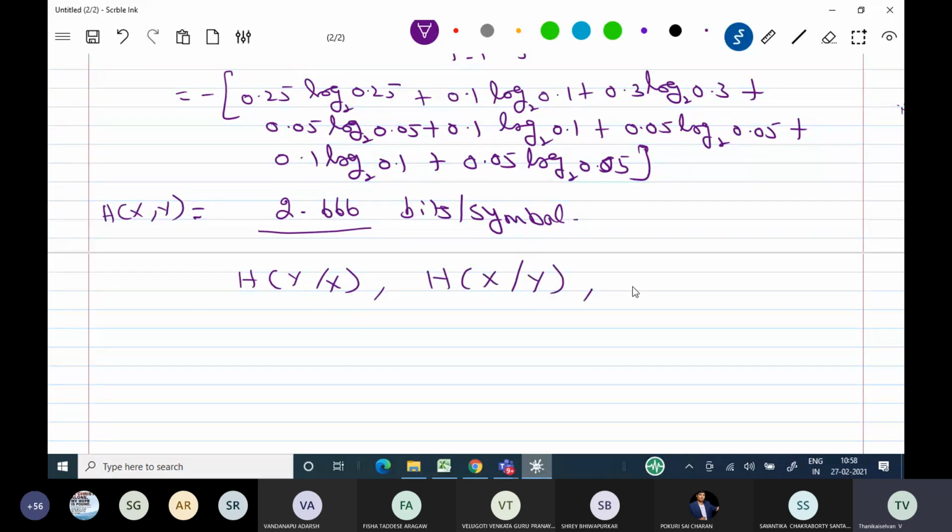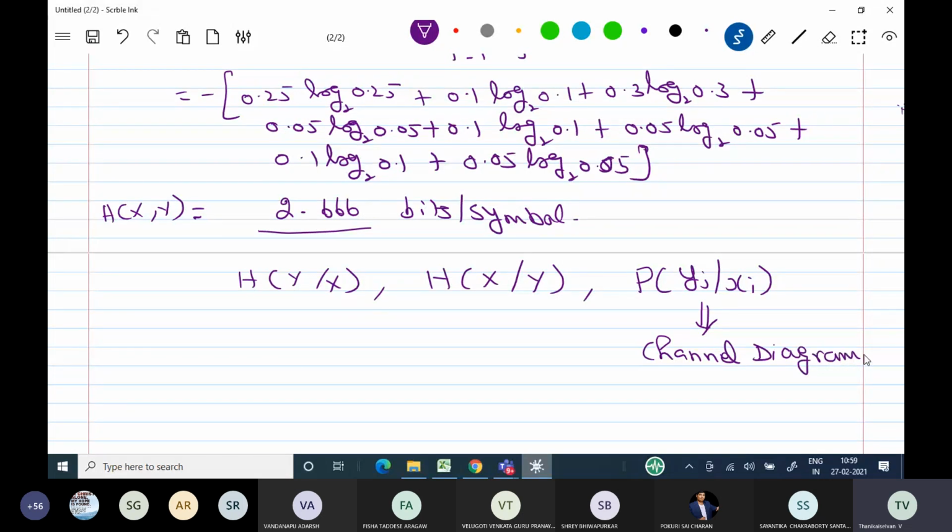One more extra problem we are going to do: we are going to calculate probability of yj given xi, and from this we can draw the channel diagram. It is one of the extra questions, the channel diagram.